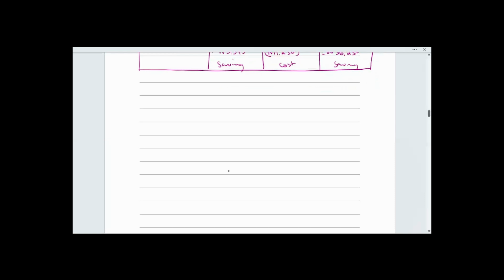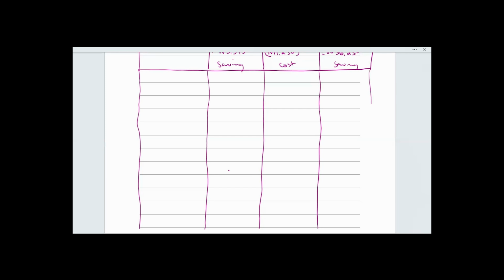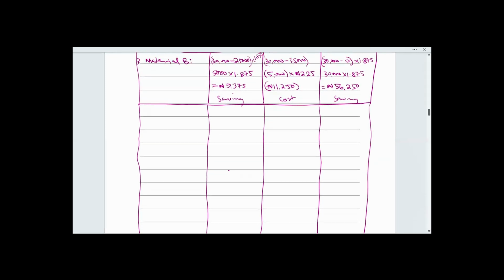So number 4, working number 4, labor. Now, how do I determine my labor cost?